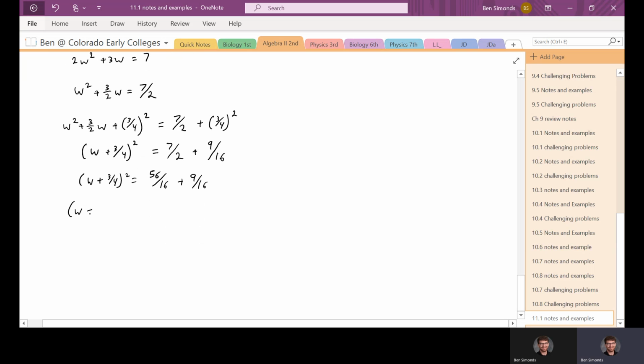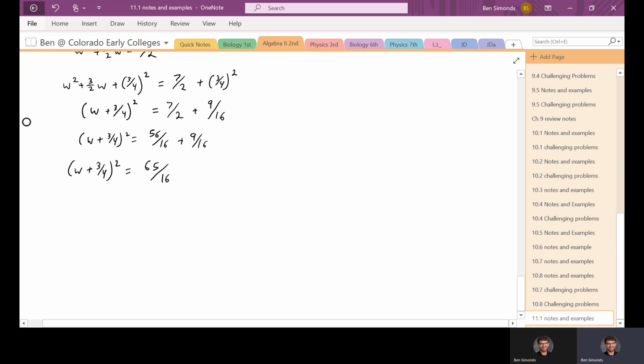So we get w plus 3/4 squared equals 65 over 16. All right, did I do that right? No, that checks out. So that math all looks good. It's just a really ugly fraction. Like I said, sometimes the answers aren't pretty.